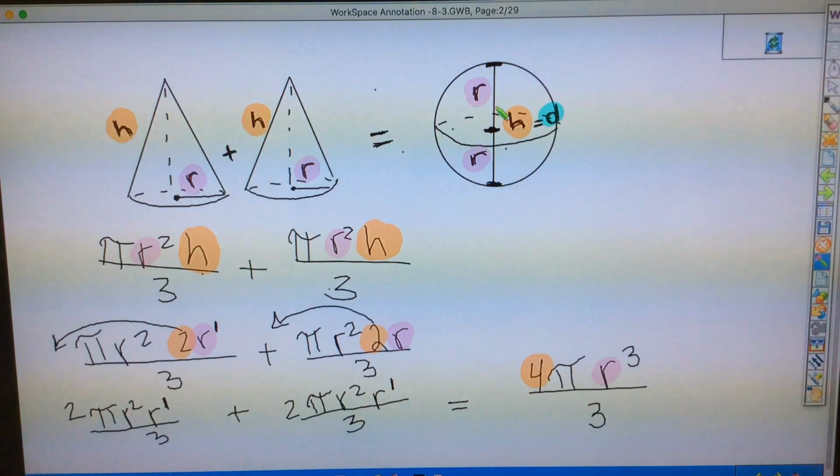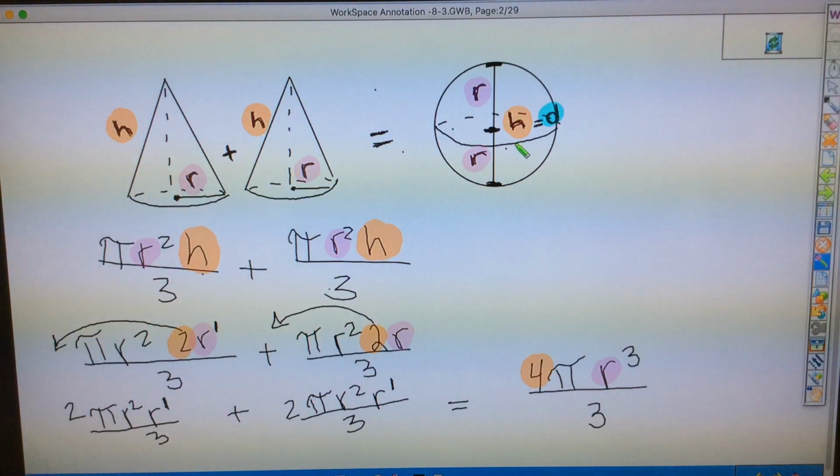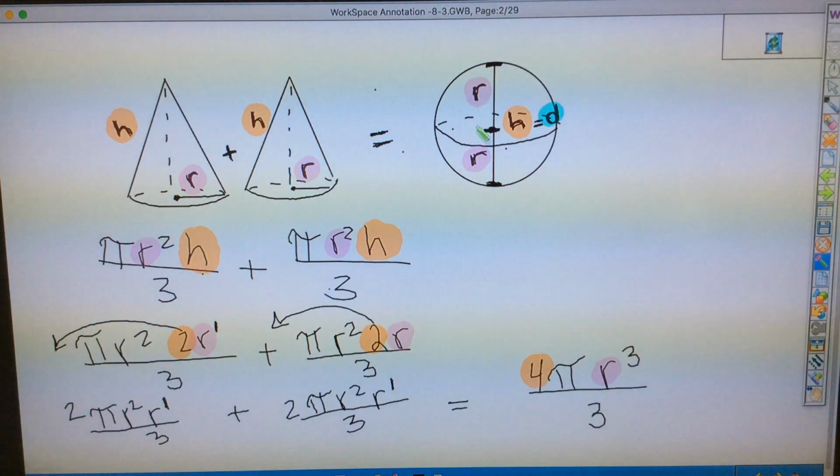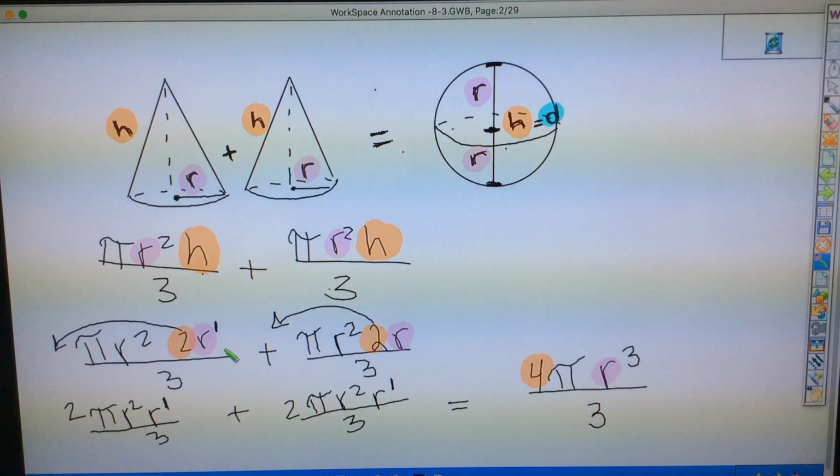I mentioned this to you guys a minute ago. Notice that there's no such thing as height in a sphere. Height is really the same as diameter. Diameter is really the same thing as 2 times the radius. So all I did here is I rewrote it.